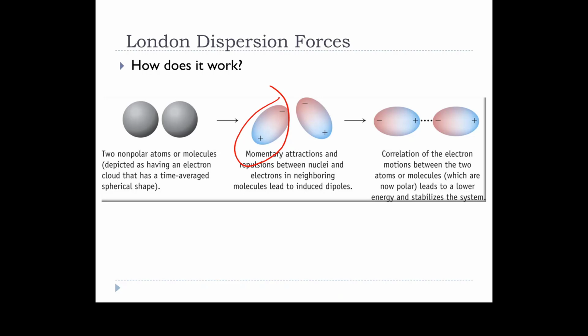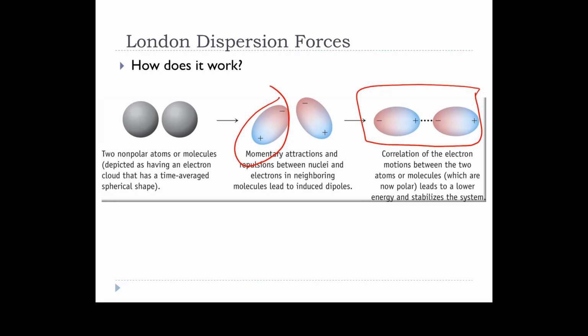So what happens is if you bring two molecules close enough together, they can kind of correlate their electron movements. So in this case, we have a snapshot where the electrons in both molecules are offset this way, right? On the left-hand side of the molecule, there's more electron density than the right-hand side of the molecule, right?